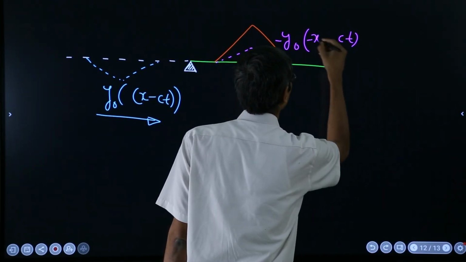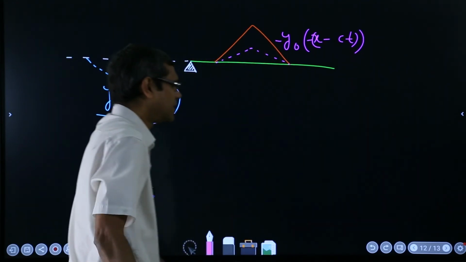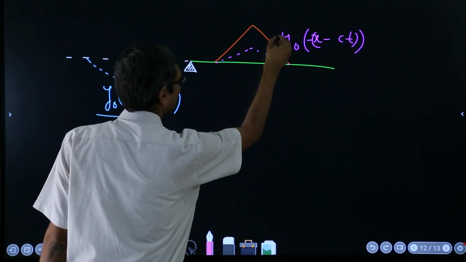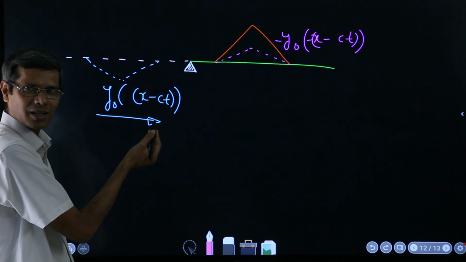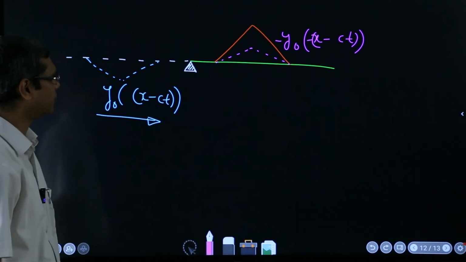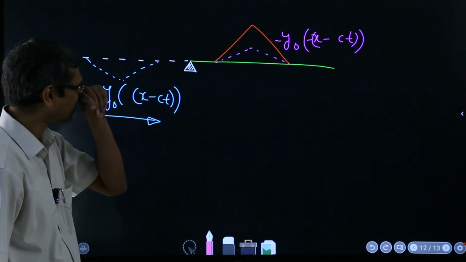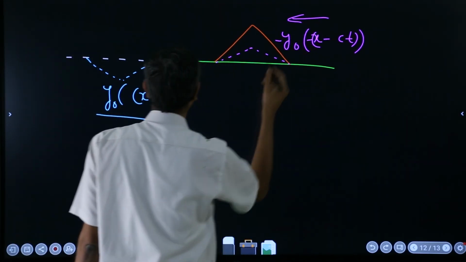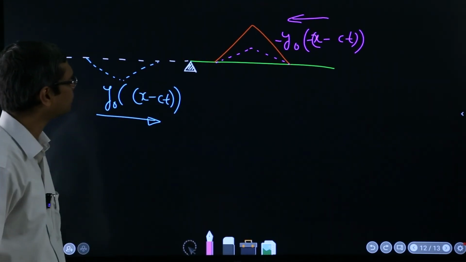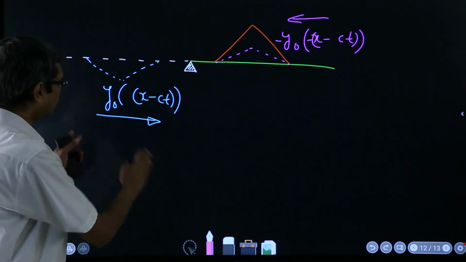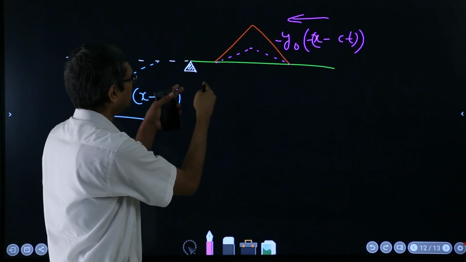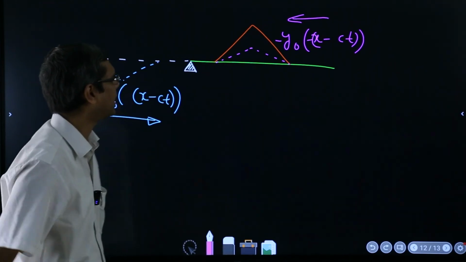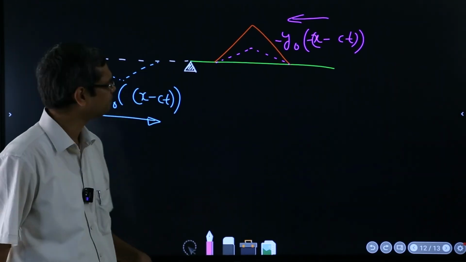Ideally I would have written this plus and this minus, but to be consistent with the way I wrote the previous equation, these are the things. So this one moves in this direction, this moves in this direction. Then once they meet each other, they coalesce and things happen the way we explained.